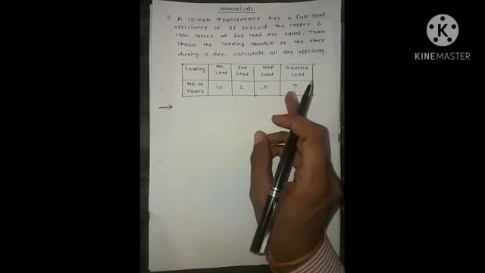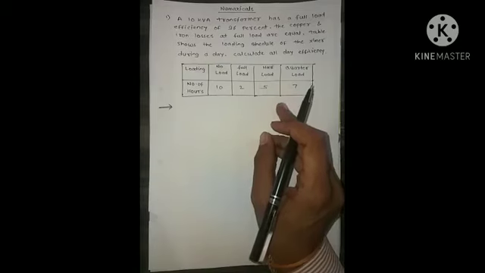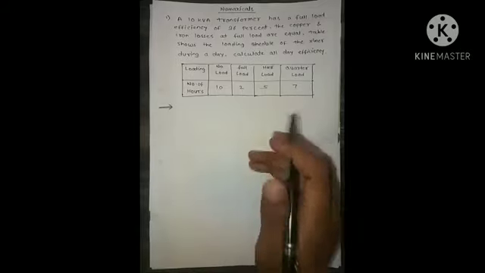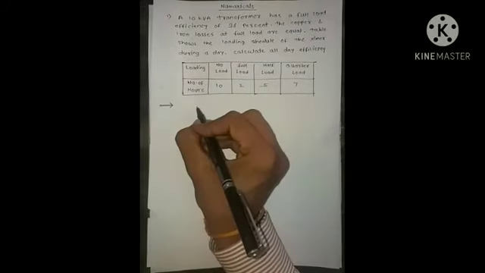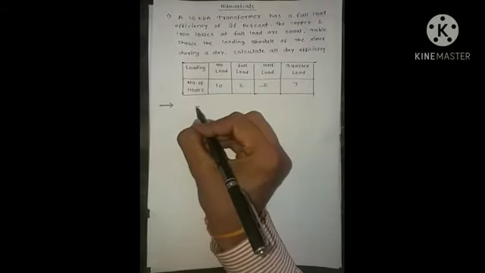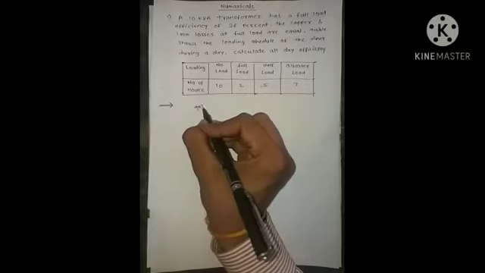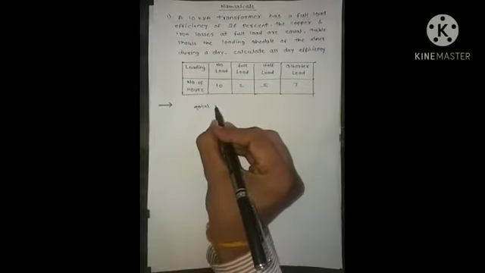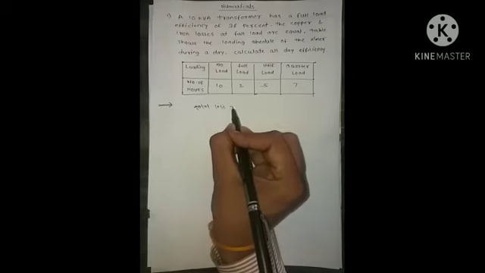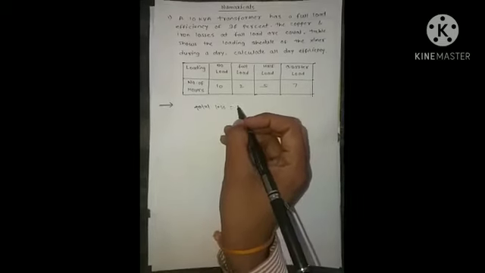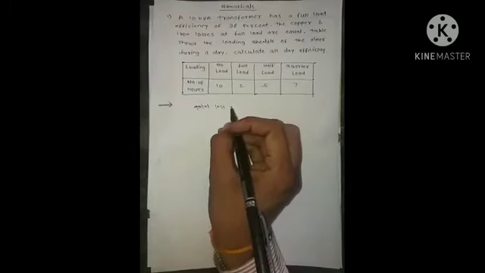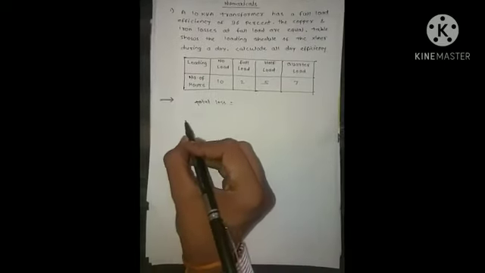In the first step we will calculate the loss. Total loss equals to: first we calculate the copper loss at full load.